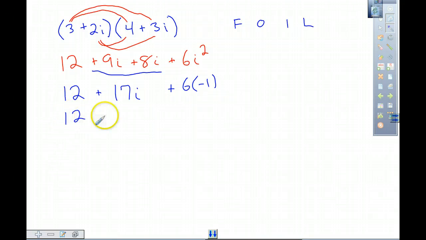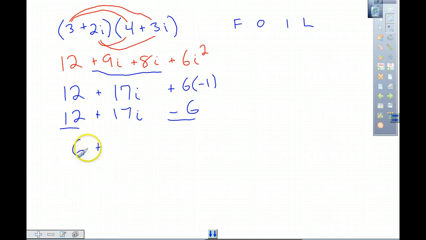So now we have 12 plus 17i, 6 times negative 1, minus 6, and 12 minus 6 is 6. Once again, I'm writing the real part right here in the front. The imaginary part is always going to be last. So we can throw in some equal signs instead of have some correct form.